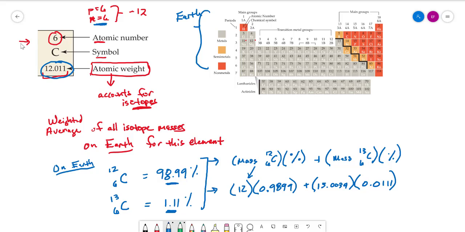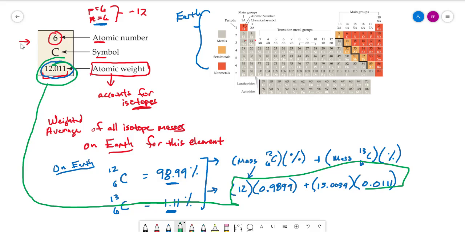This is going to give us this value that we actually find on the periodic table, the weighted average of all of the isotopes of carbon that exist on Earth, 12.011. So when we're looking at periodic tables, that atomic weight is going to represent the average weight, or the weighted average, of all of the different isotopes that exist for that element on Earth. And so we'll do a couple examples of this and how we might compute that.